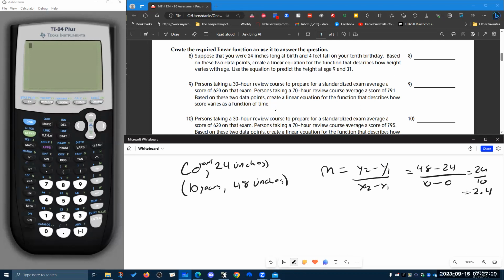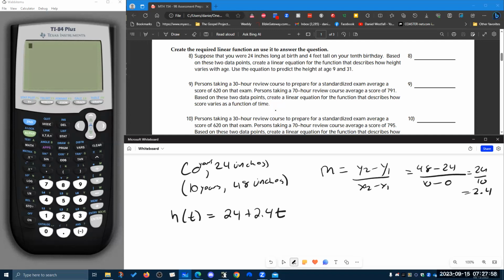So my height in terms of time, you would call it length at first when the baby lies down, but you were 24 inches tall if the baby could stand up when they were born, is going to be 24 plus 2.4t.